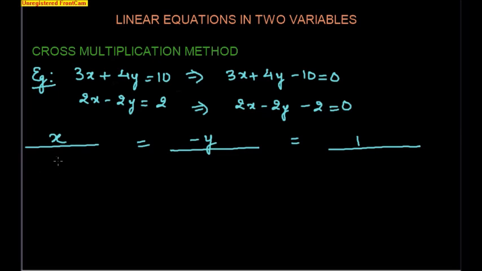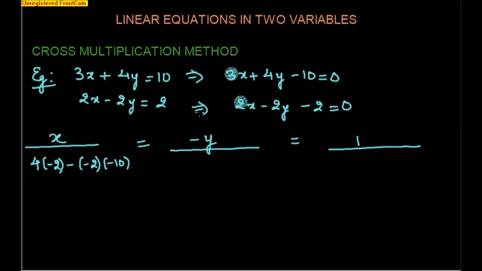Below x I have to take the coefficients of y and the constants. So I hide the coefficients of x and I multiply 4 into minus 2 minus of minus 2 into minus 10.